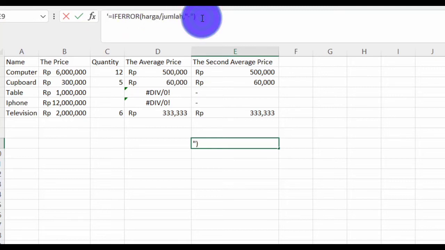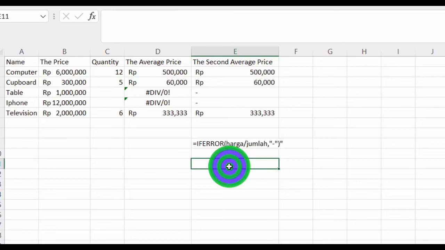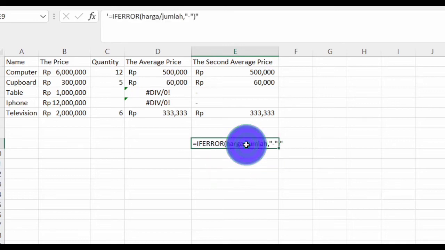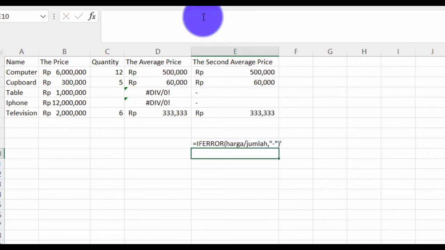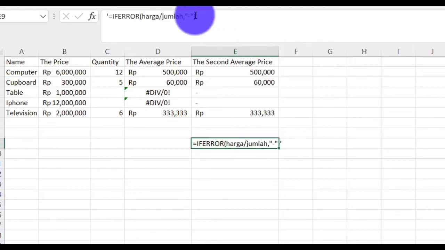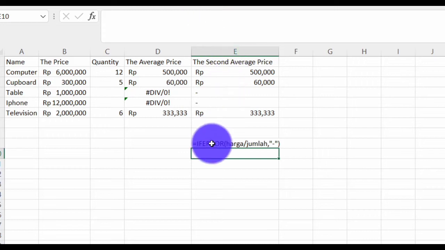Okay, jadi so the pattern is like this. Okay, IFERROR until this. Okay, so this is the pattern.